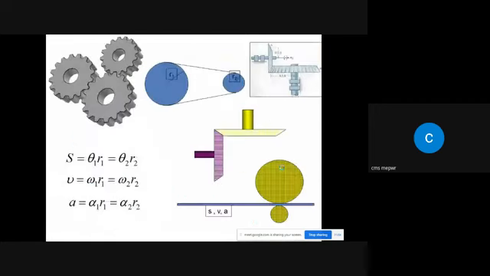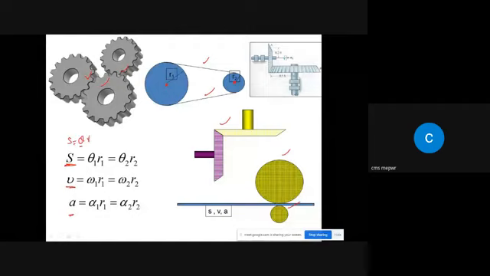Okay, so if you look at these diagrams, for example, if you have a case like this in which we have two pulleys, or gears meshing, with a common belt, then we can write these equations for linear displacement, linear velocity, and linear acceleration as s is equal to theta r.